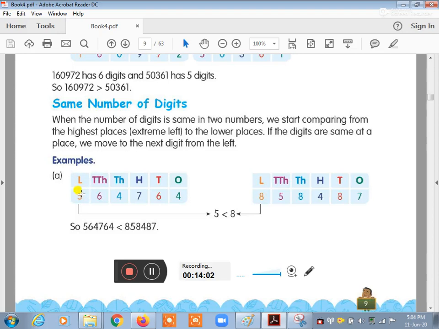What is the number here? 5. Here in the lakh place, what is the number here? 8. So 5 is less than 8. So which one is the greatest here? So this one is the greatest. So 5 is less. So 5,64,764 is less than 8,58,487. So this is the less than sign.